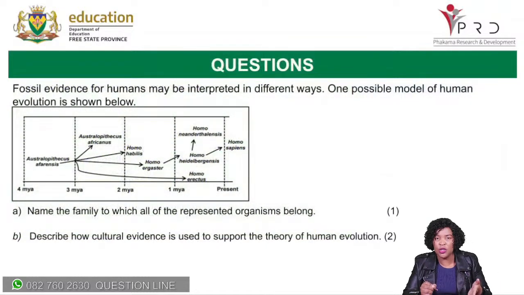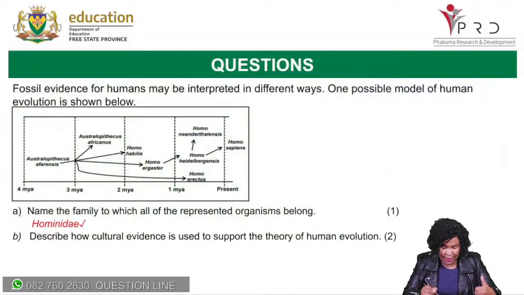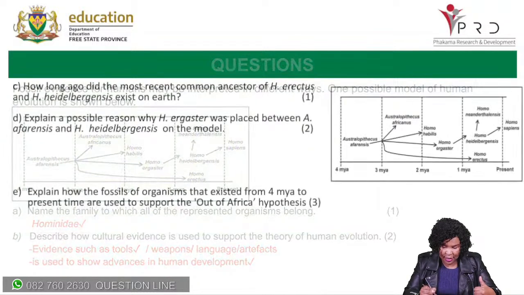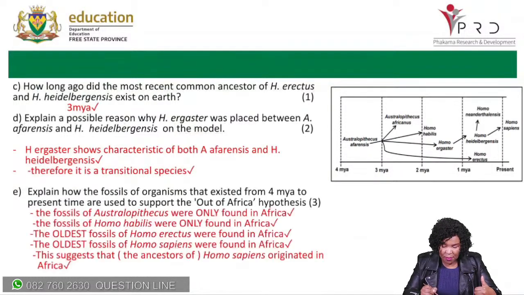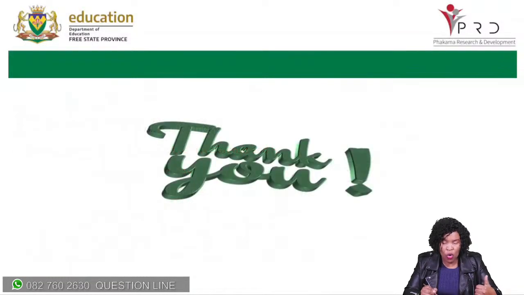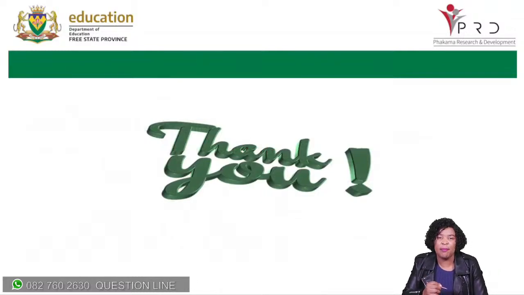You have these questions on your worksheet. Please try to answer them on your own as homework and check where you are as a Homo sapien, and also know those reasons that support the out of Africa hypothesis.